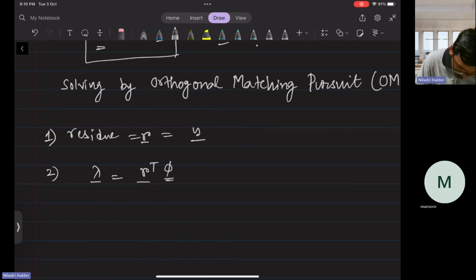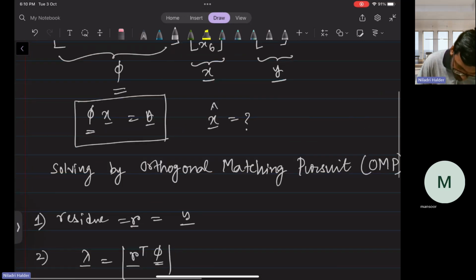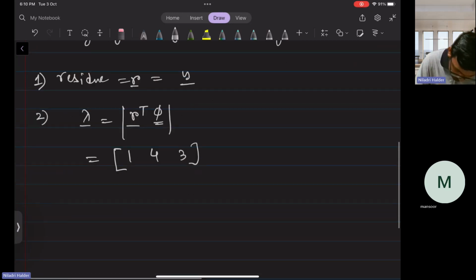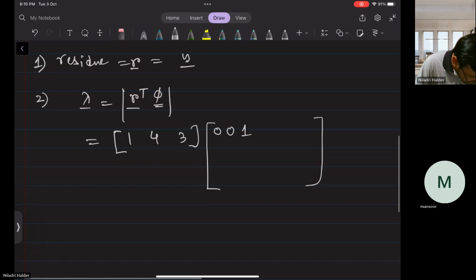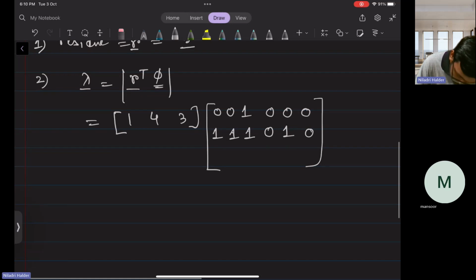So lambda equals the modulus of R transpose phi. R is y, so y is equal to 1 4 3. R transpose is 1 4 3, a row vector, and phi is 0 0 1, 0 0 0, 1 1 1, 0 1 0, 0 0 0, 1 1 1.